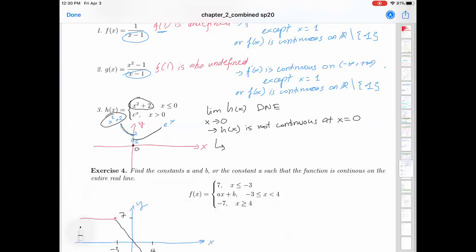So h of x is continuous everywhere on the real numbers but 0.